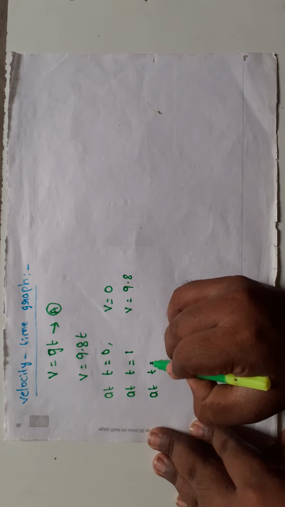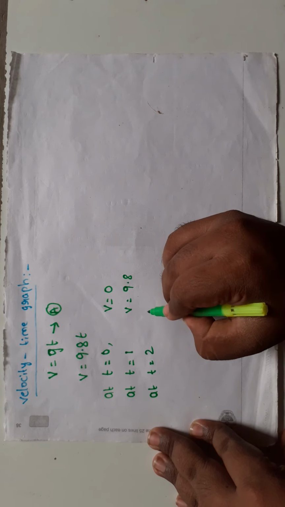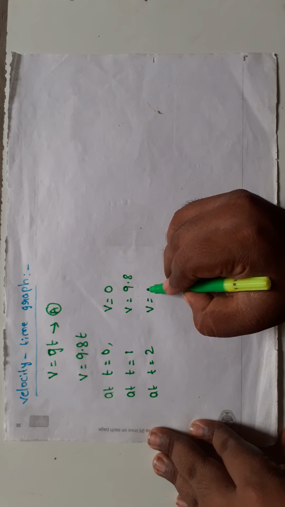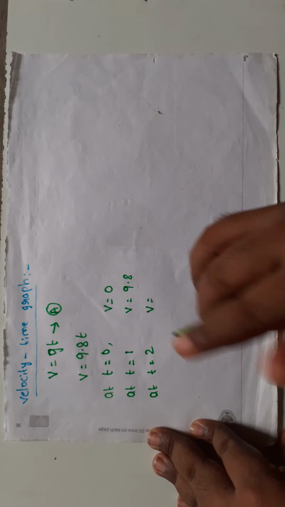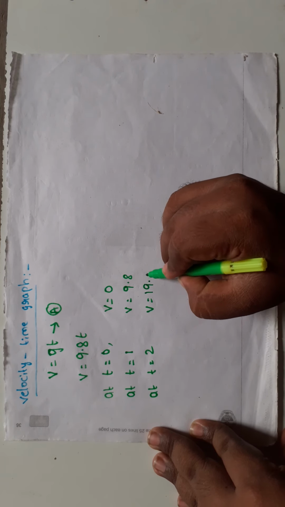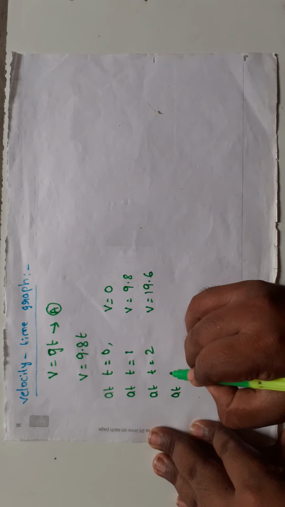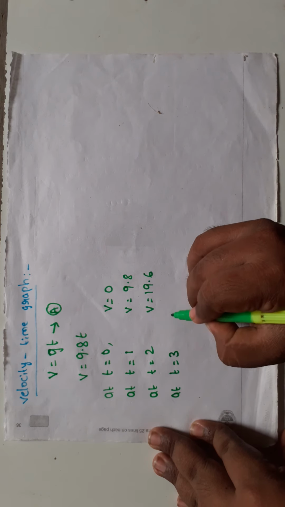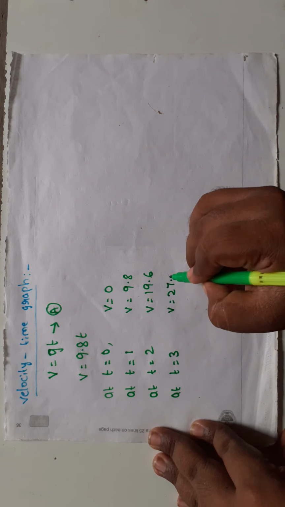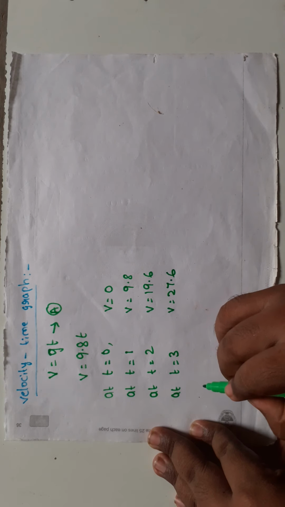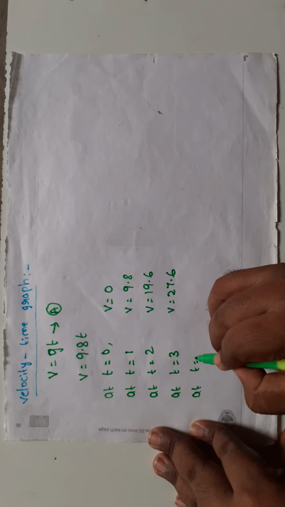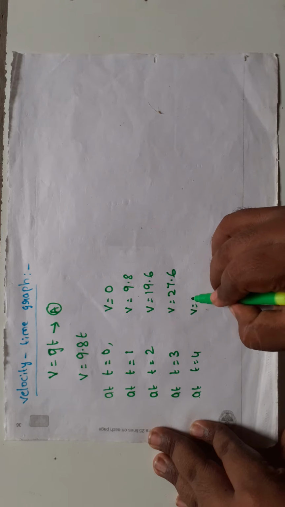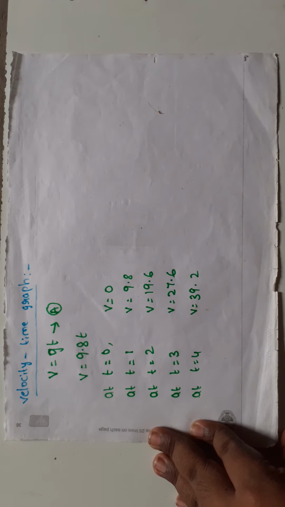At time t equal to 2 seconds, velocity value is 19.6. At time t equal to 3 seconds, v equal to 27.6. At time t equal to 4, velocity value is 39.2.